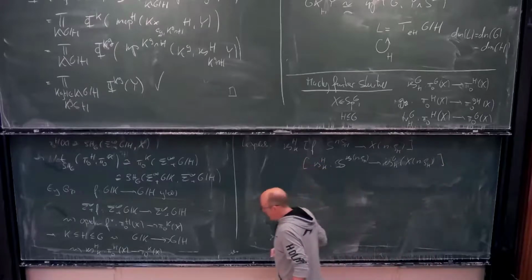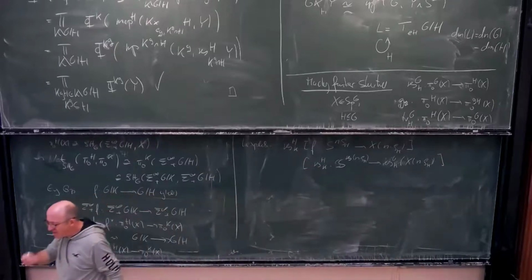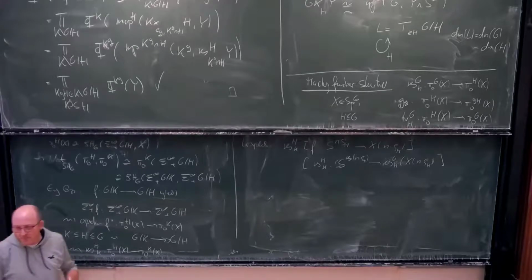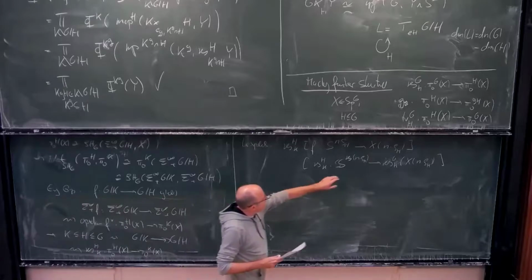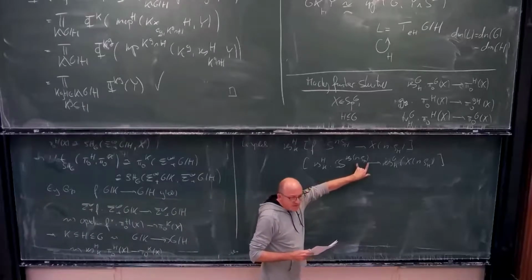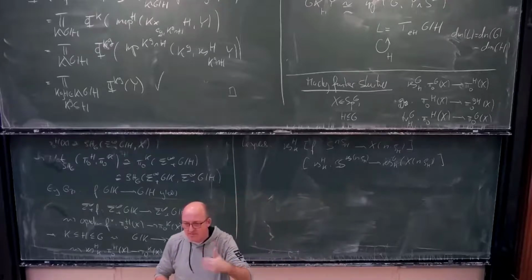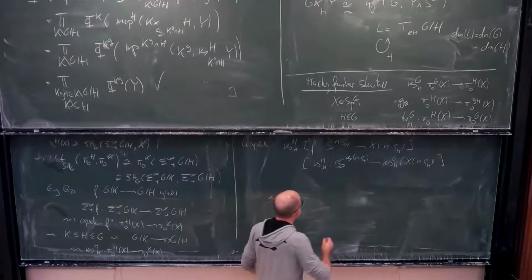Now, the issue is that if I restrict the regular representation of H to K, it's not exactly the regular representation of K. It's also not exactly a multiple of that. But if I choose coset representatives, and it's not going to depend on that choice, then the underlying K representation of the regular representation is just m times the regular representation, and m is the number of this index in there.